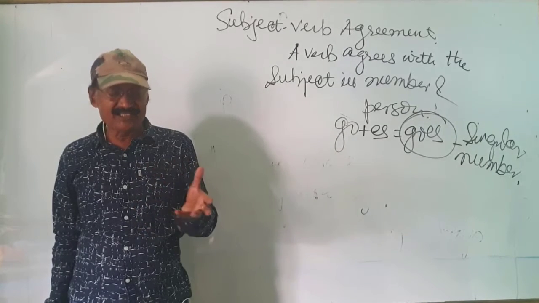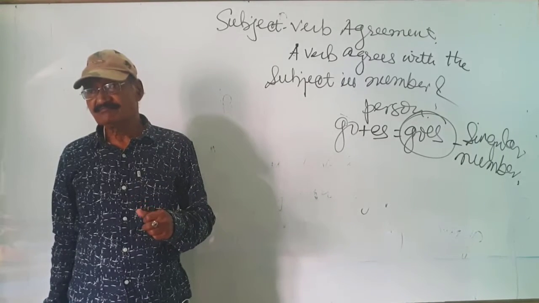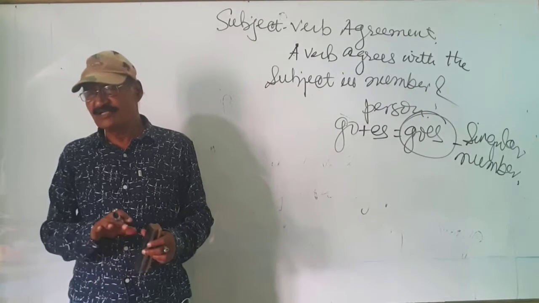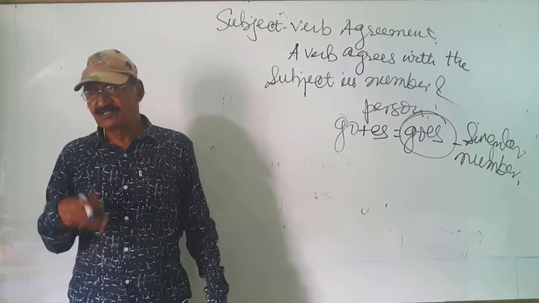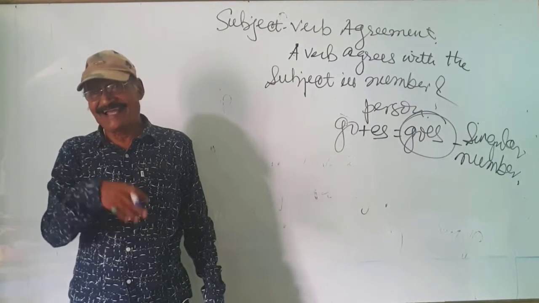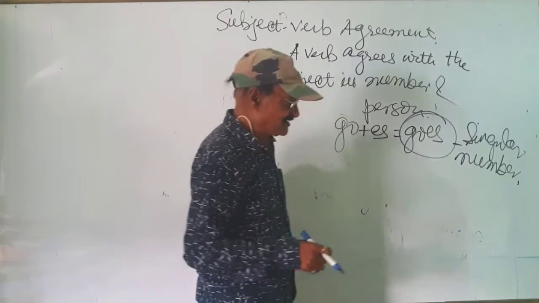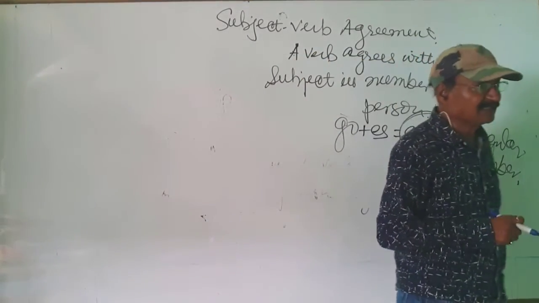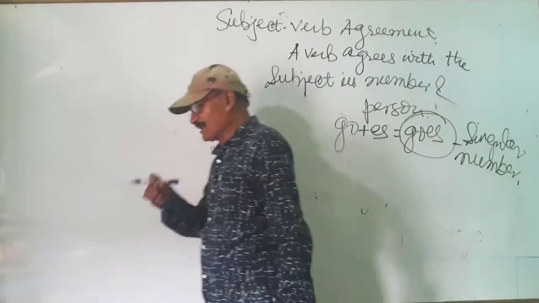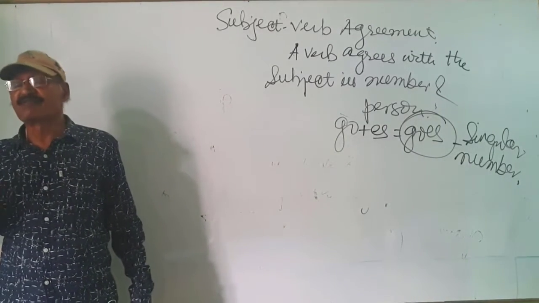But I can't say I goes, because subject-verb agreement doesn't allow us to use goes with the first person and second person. Subject-verb agreement allows only the third person singular number to be used with a singular verb.